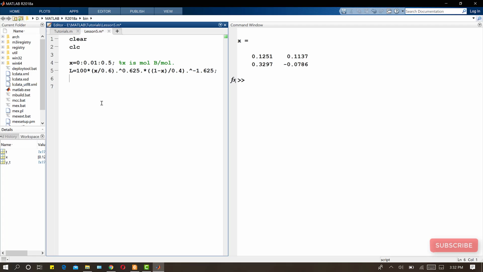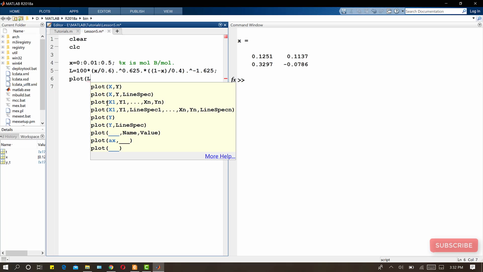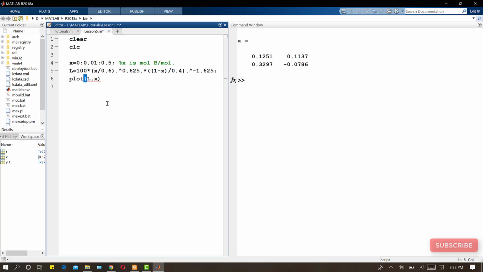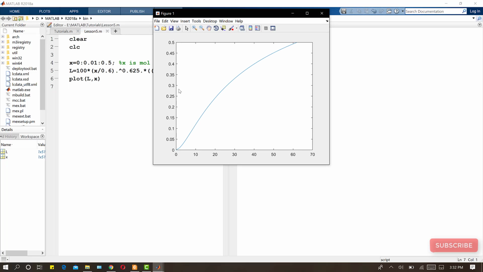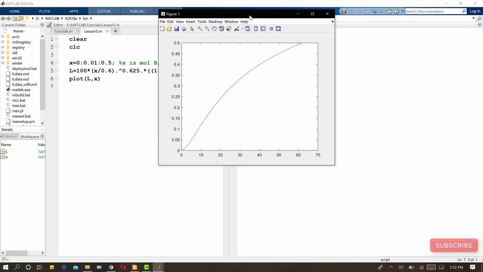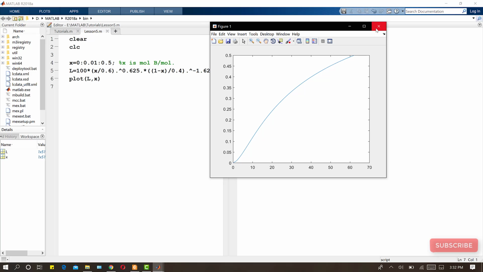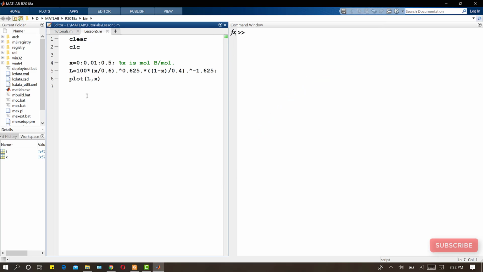And then I will plot X versus L. So I will write L and then X. So let's execute this. Now we have this graph. Let me put the labels as well. I will write xlabel.